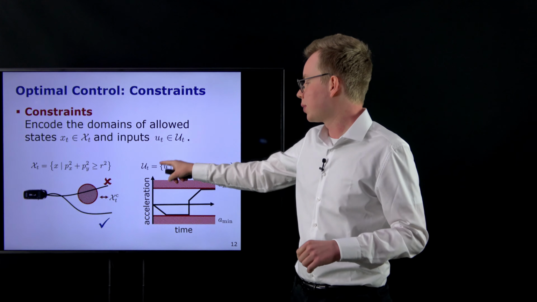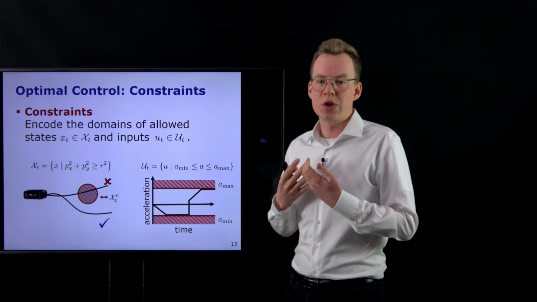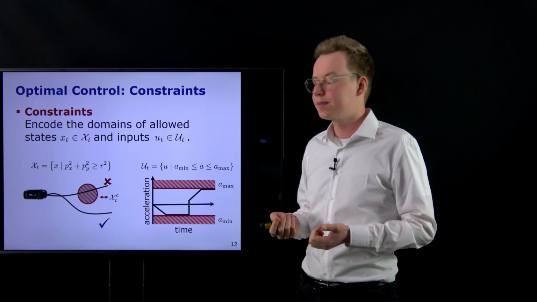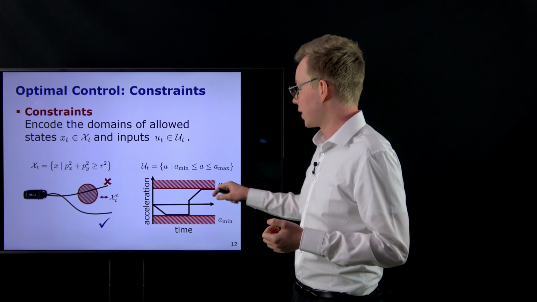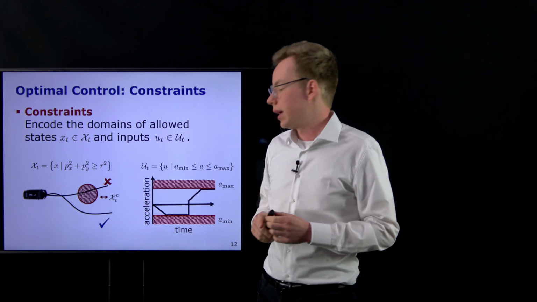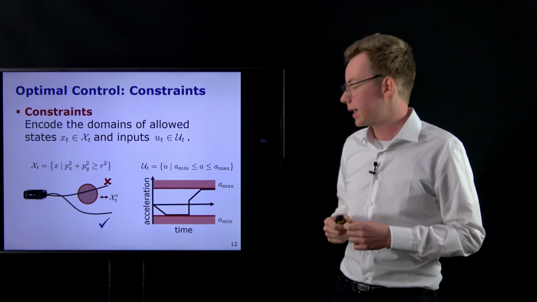And so, these are the state constraints, so they will only depend on the state variables. And then we can also have input constraints that you can see on the right. So for example, we may wish to never exceed a certain acceleration due to some friction limits of our tires. And then we could have a box constraint, so an upper and a lower threshold that our acceleration must not exceed.